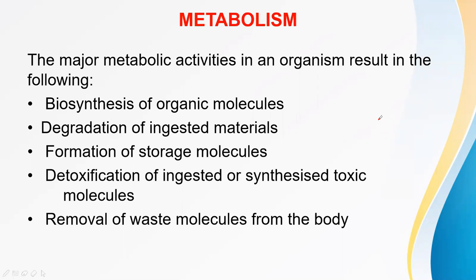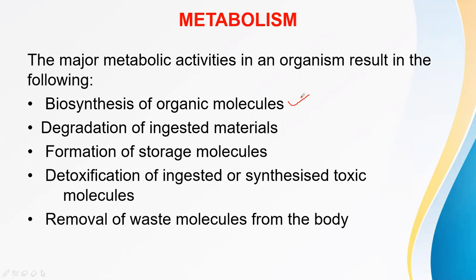Well, let's see the major metabolic activities in an organism. What are the main importance of these metabolic activities in an organism? The first one is biosynthesis of organic molecules.